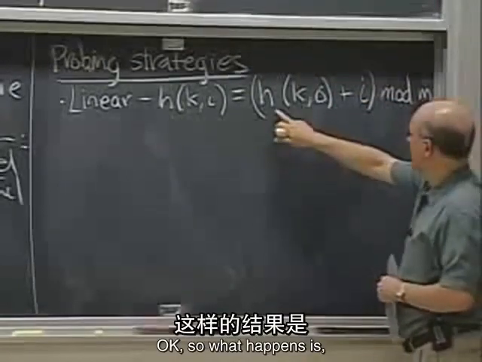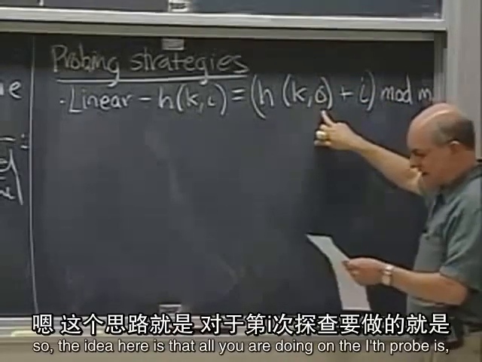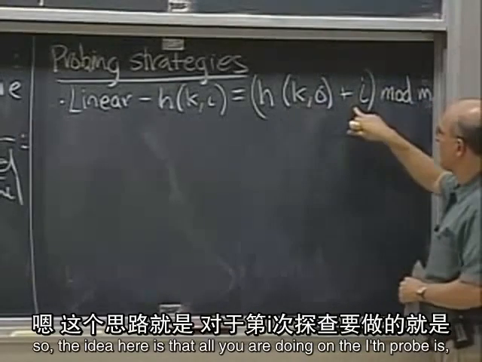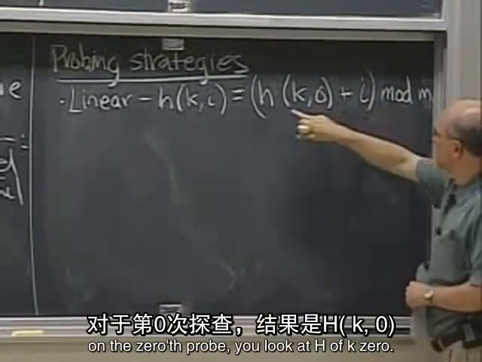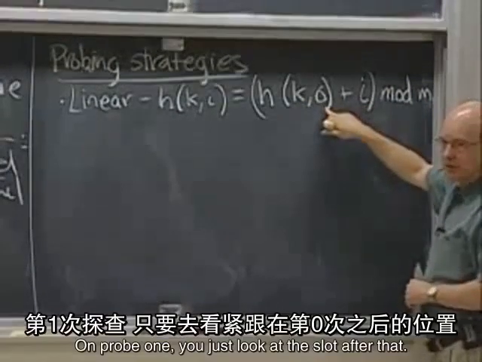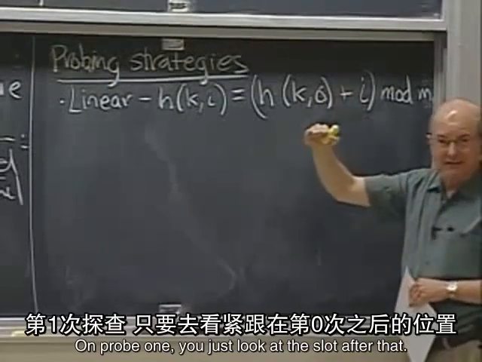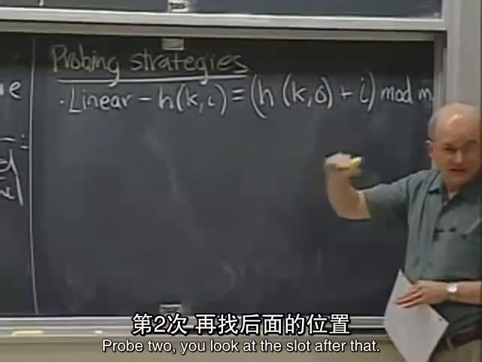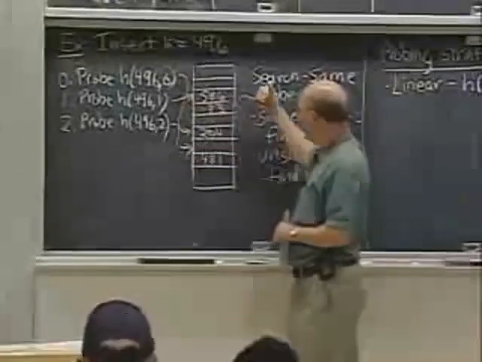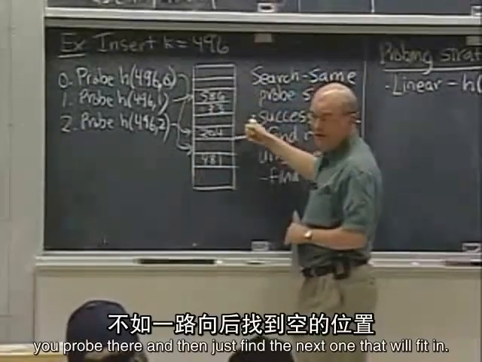Okay? So the idea here is that all you're doing on the ith probe is, on the 0th probe, you look at h of k, 0. On probe 1, you just look at the slot after that. Probe 2, you look at the slot after that. So rather than jumping around, you probe there and then just find the next one that it'll fit in.